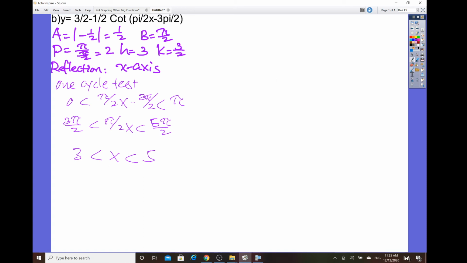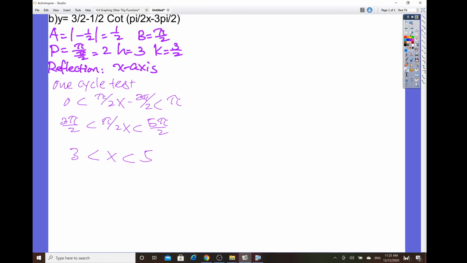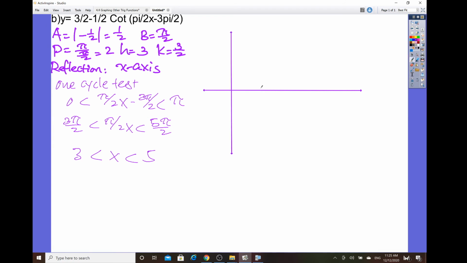Okay, so this one, let's just customize the scale. So we need the x-axis, y-axis once again. So this one is right between 3 and 5. I can always customize the scale, so let's just go by 3 here, and then 6.